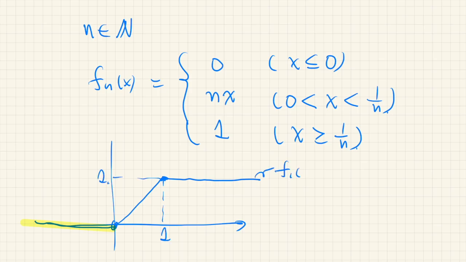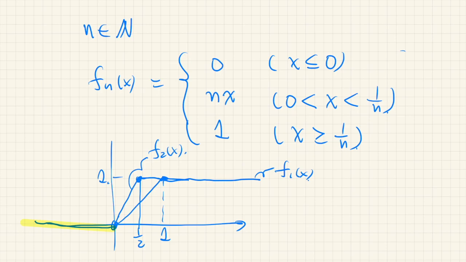This is f1 of x. And f2 of x is similar, but it will increase to 1 by the time x equals 1/2. So this is f2 of x. And obviously these functions are all continuous functions.